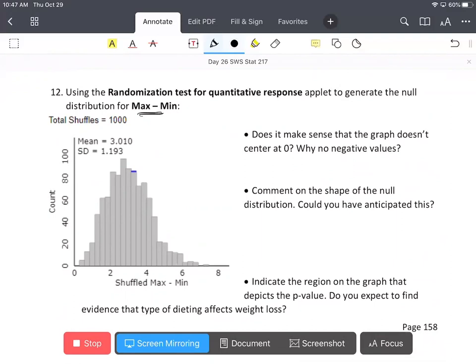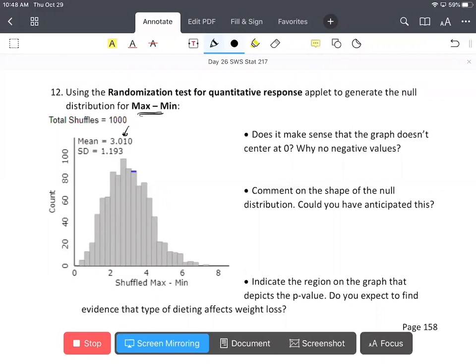Now, take a peek at this and see if anything feels a little bit odd. Over time, we've gotten very used to the null being centered at 0. Now, this is not centered at 0. In fact, this null distribution is centered at 3. Does it make sense that the graph doesn't center at 0?